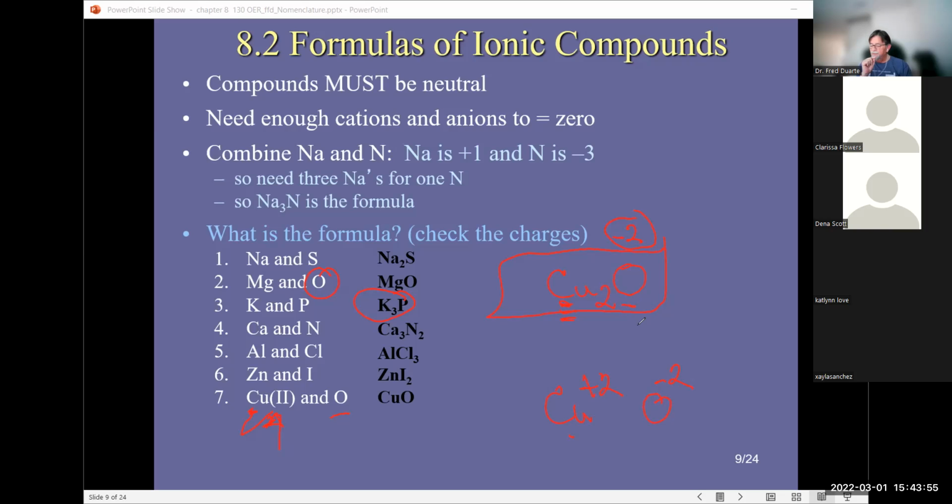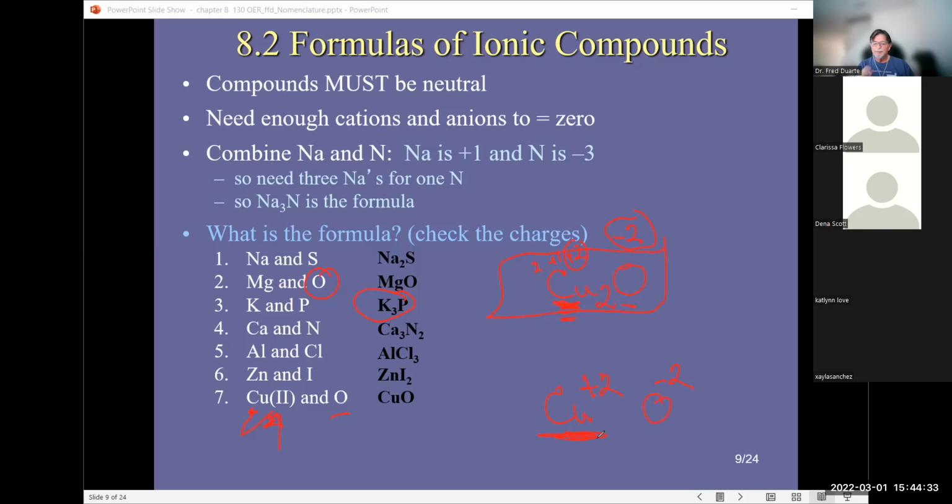Okay, +1. If each one of these is a +1 and I got 2 of them, doesn't that equal a +2? What I'm asking is, what is the oxidation state of each copper? Over here is a +2, no question there. But in this format, when we have 2 coppers, that means that each one must be a +1.